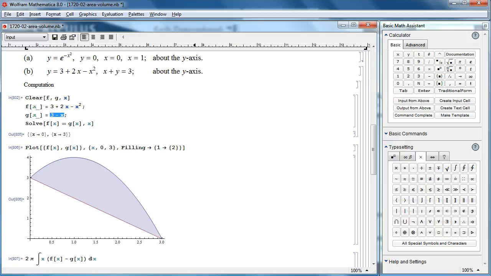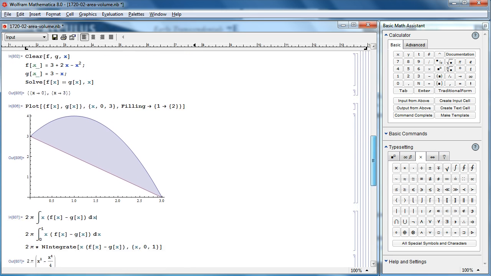Okay, so if you subtract one function from the other, you're going to get the height. Upper function minus lower function, that's going to be the height. And then rotation with respect to the y-axis, so we just use the first formula, 2 pi x, and height is f of x minus g of x dx, and calculate it.